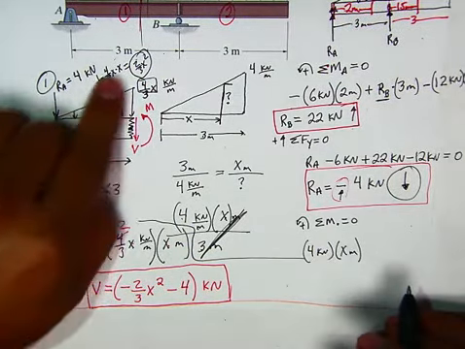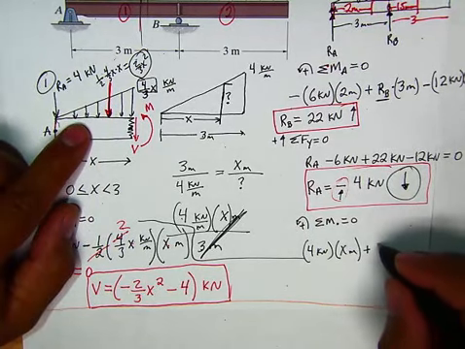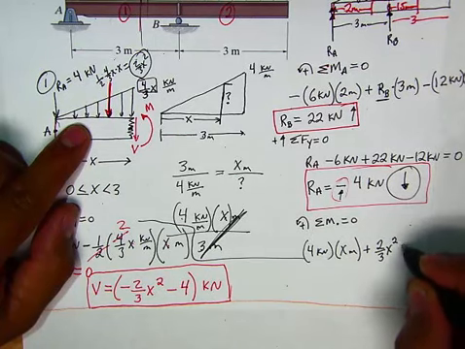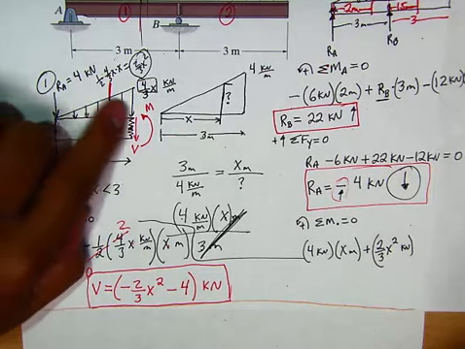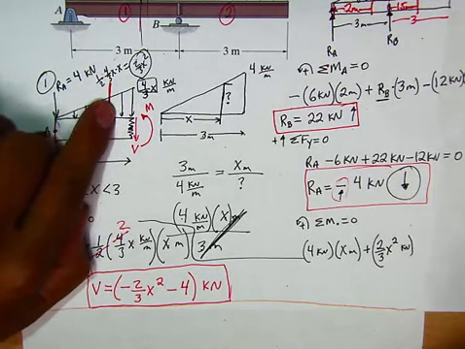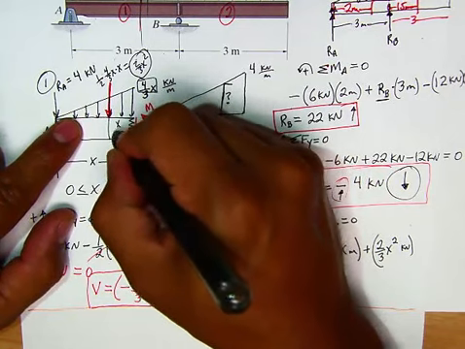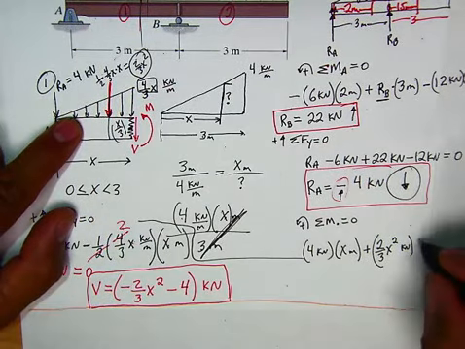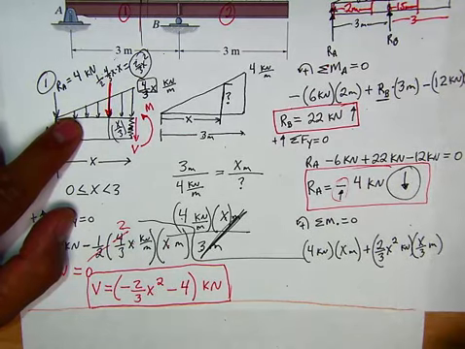It also produces a counterclockwise rotation, so it is also positive. So this is negative 2/3 x squared kilonewtons, and this one's located at a distance of 1/3 x. If this is x, this is x over 3. So times x divided by 3 meters.